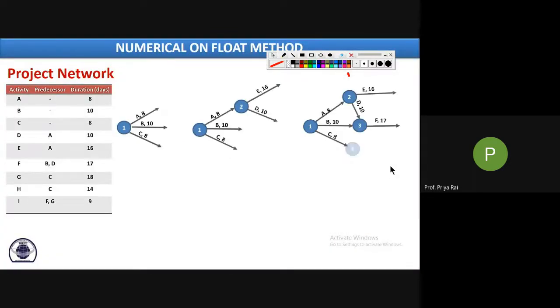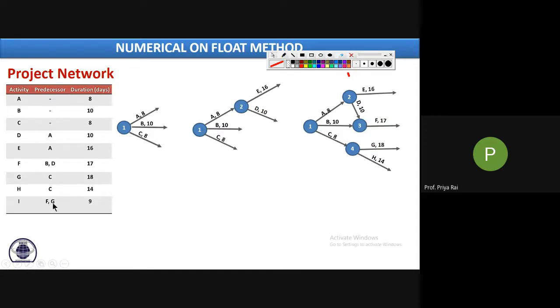So this is over. Now tell me, how to draw this I activity? See, for I, the predecessors are F and G. That means where F and G end together, from that event I will start.